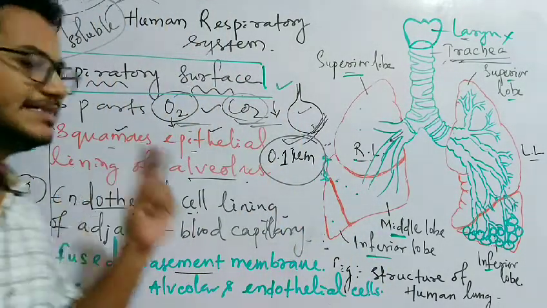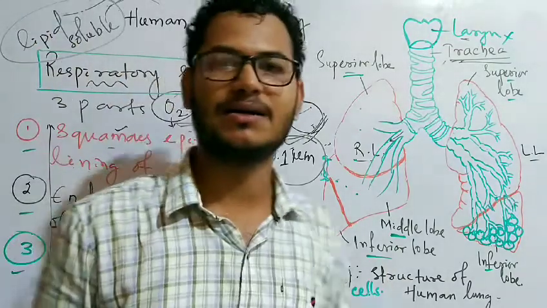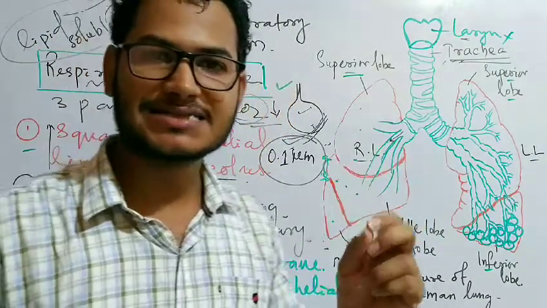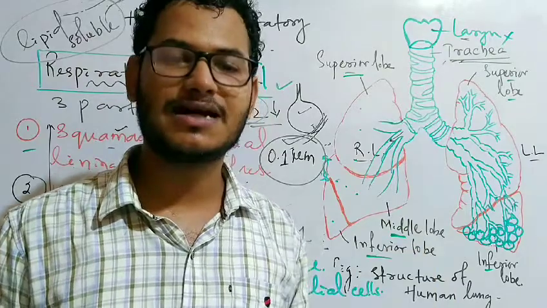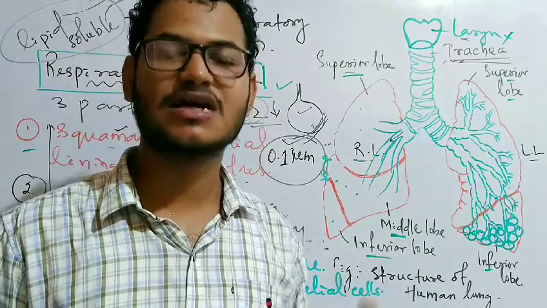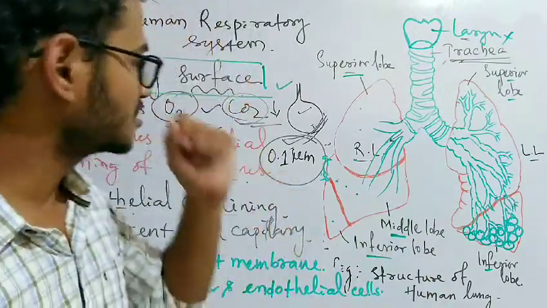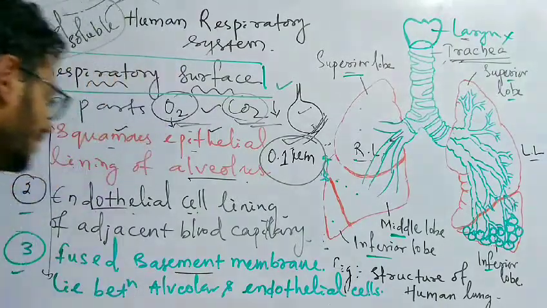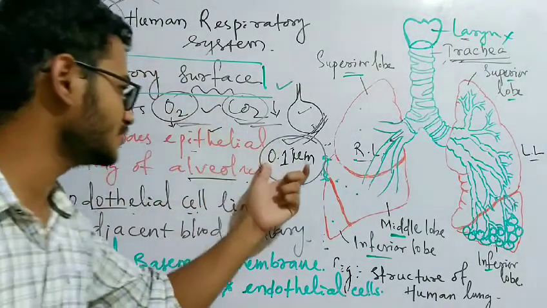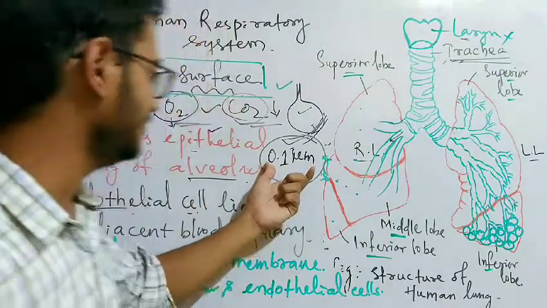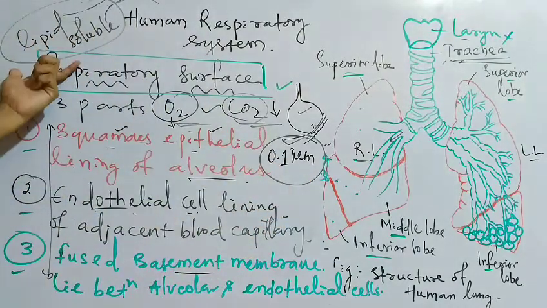So these are the two reasons why the respiratory gases diffuse so rapidly. One is the distance is very small, that is 0.1 micrometer only, and both the gases are lipid soluble.